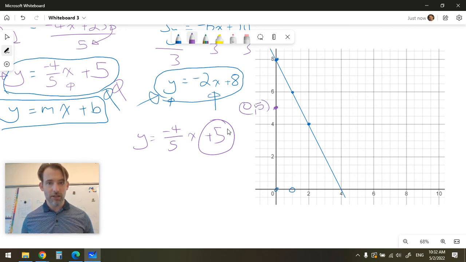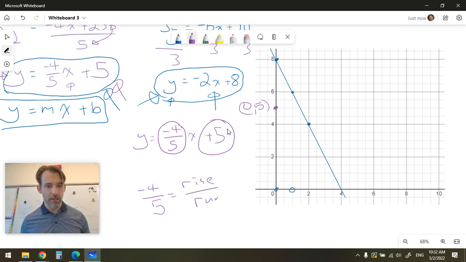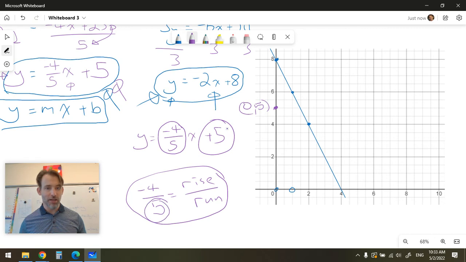It's right there. Okay, now I am going to use this idea. Negative 4 over 5 is my m value. That's called the slope. That is, in other words, rise over run. So with fractions like this, it's very helpful to use this idea instead of a table because I can run 5 and rise negative 4 to graph this line.